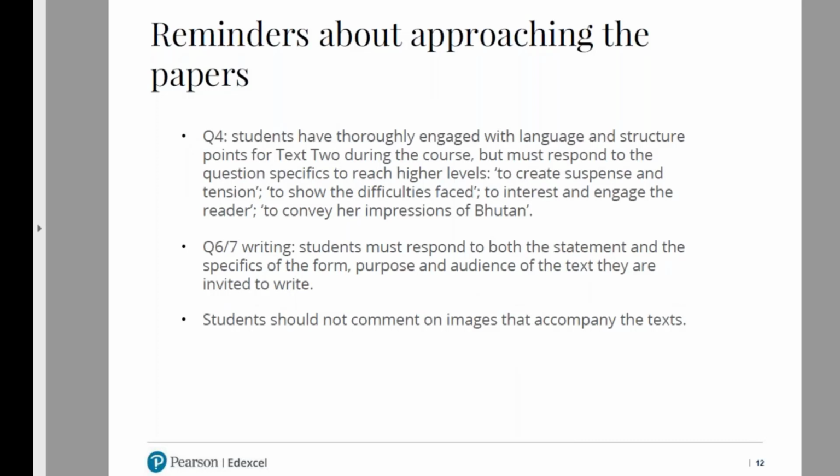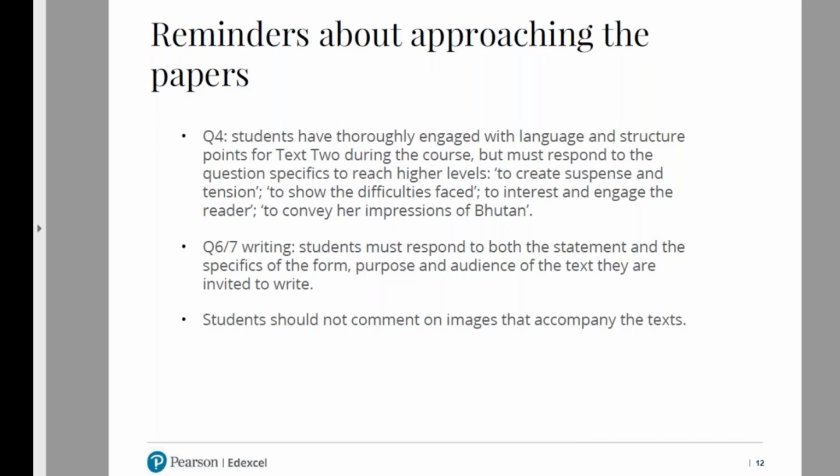So for question 4, students have already thoroughly engaged with language and structure for text 2 during the course. So question 4 is on a text which they have already studied. It's not an unseen text, so they should feel confident about answering the question.